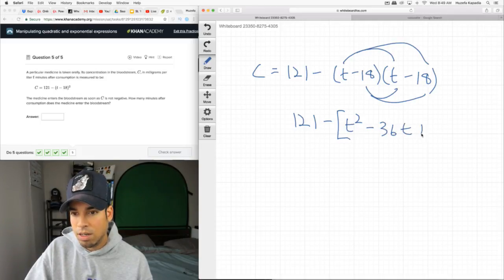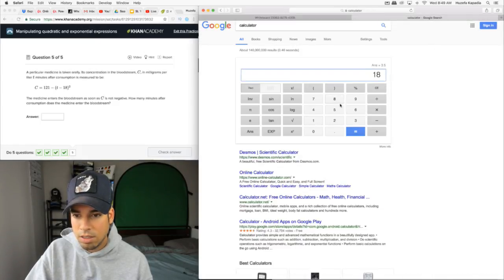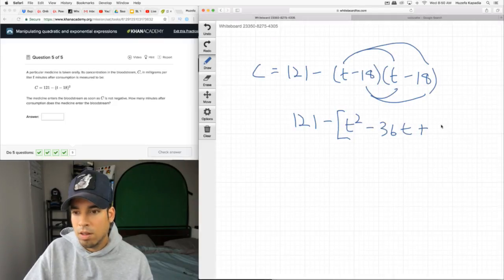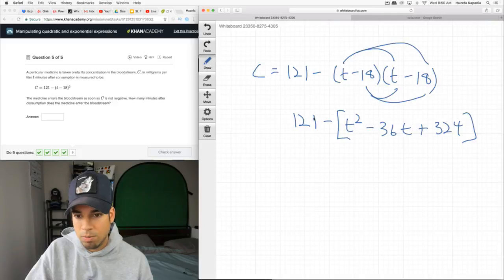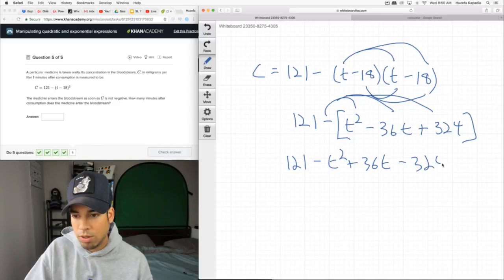And then plus 18 times 18, which is 324. So now I'm going to distribute this negative: 121 minus t squared plus 36t minus 324.